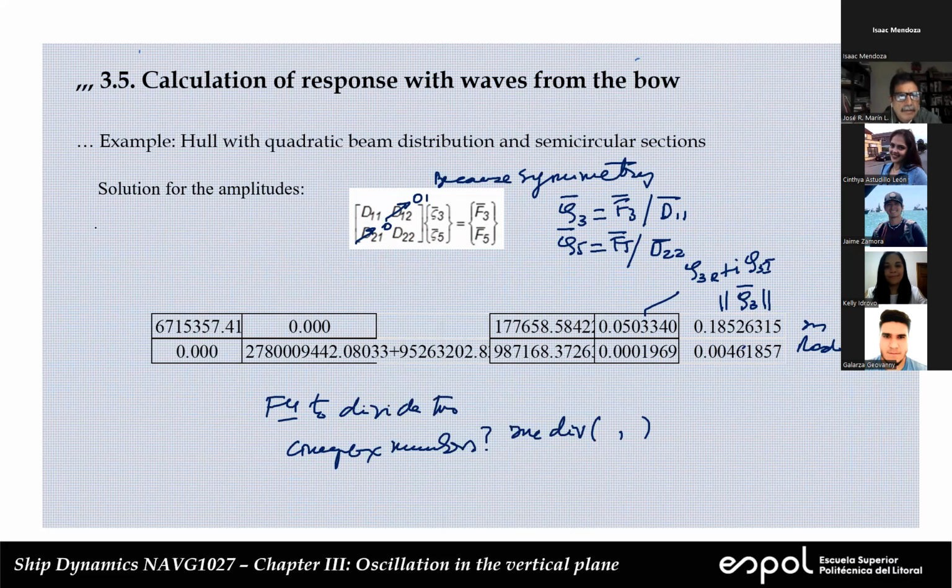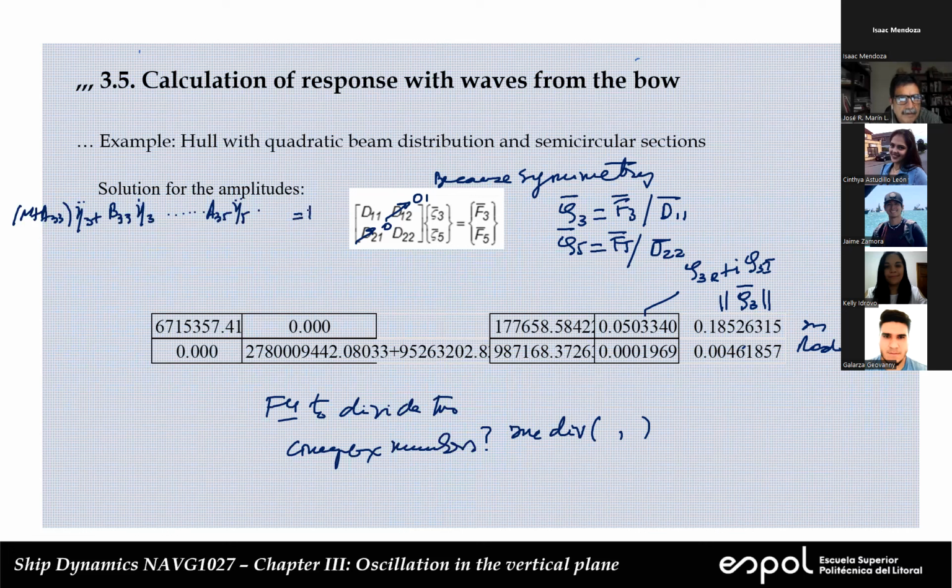okay, the equation that we had in general was something like this, okay? So we have mass plus added mass multiplied by eta 3 double dot plus B33 eta 3 dot. And at the end, well, here we have A35 eta 5 double dot.